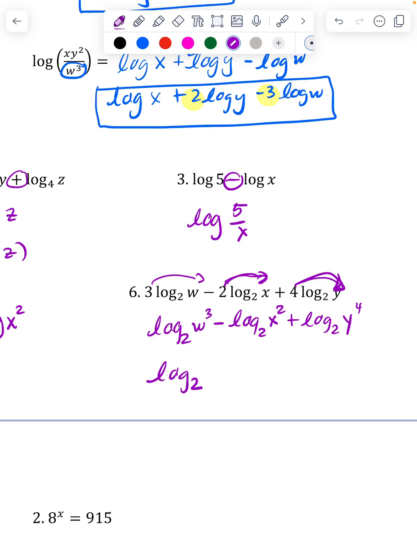I'm only going to write this once because I'm condensing. I have a w cubed. This next part follows the subtraction sign, so that means it's division and it goes on the bottom. And then the next part follows an addition sign, so it should be part of the multiplication or go onto the top. And so then that is my condensed version.